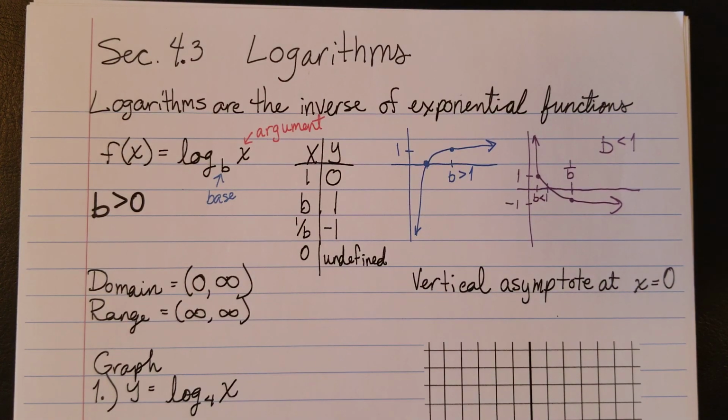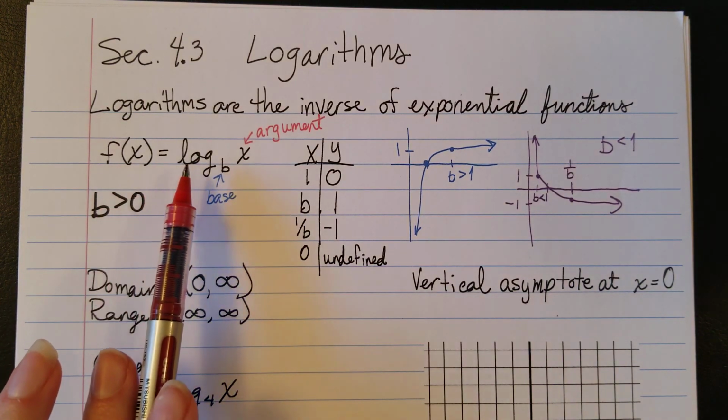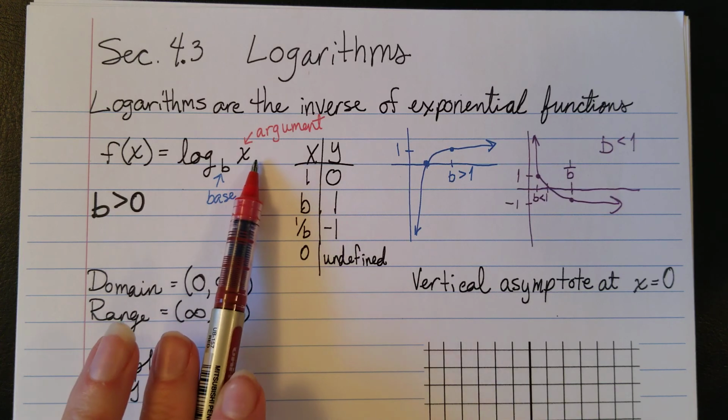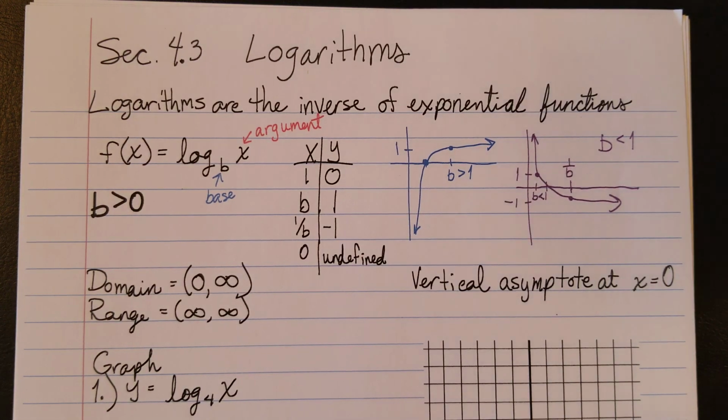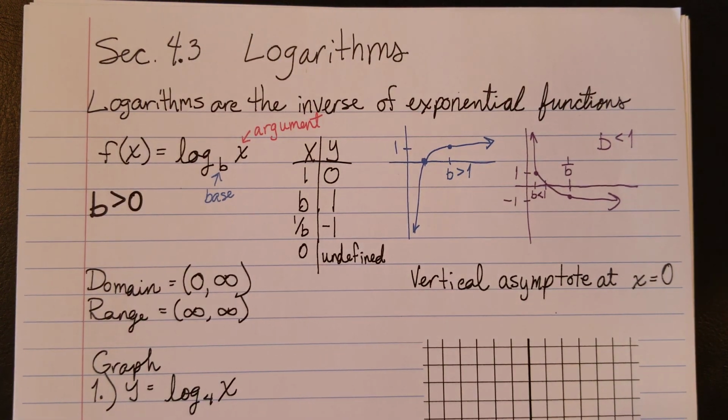All right, so you've got, for example, f of x equals log base b of x. Now, when I was talking about exponentials, I didn't give this little spiel about needing to write things neatly. That's true for exponentials and for logs, so if you need to write a little bit bigger to accommodate that, go ahead and do that.